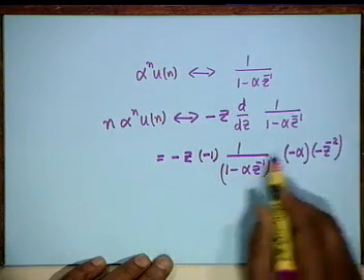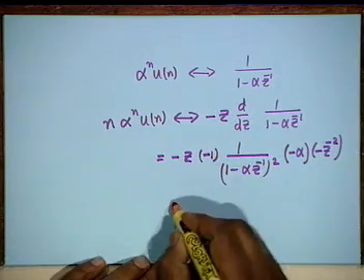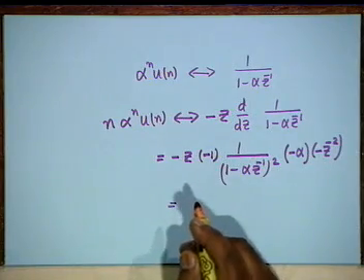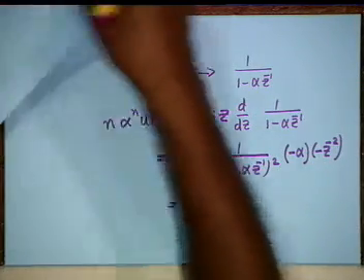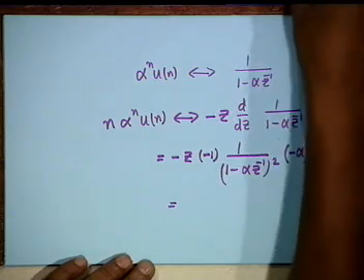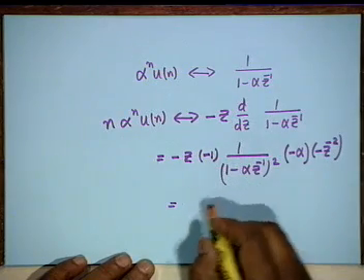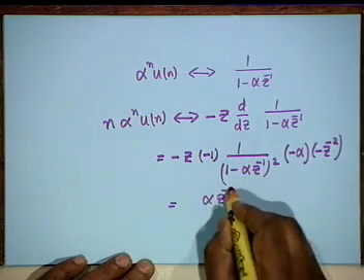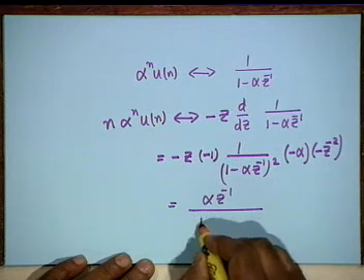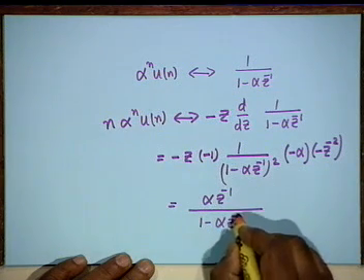Take care of all these minus signs, and the result is alpha z inverse divided by, I hope I am right, 1 minus alpha z inverse whole squared.